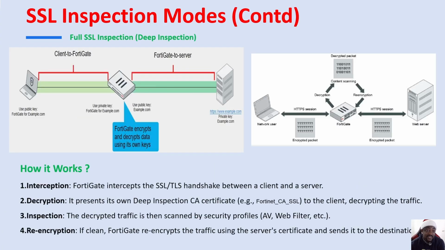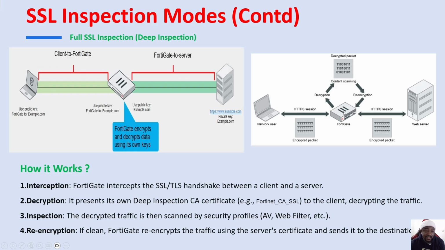You also have the second SSL inspection mode, known as full SSL inspection or deep inspection. In this mode, the traffic sent from a user to a server is intercepted by the FortiGate.